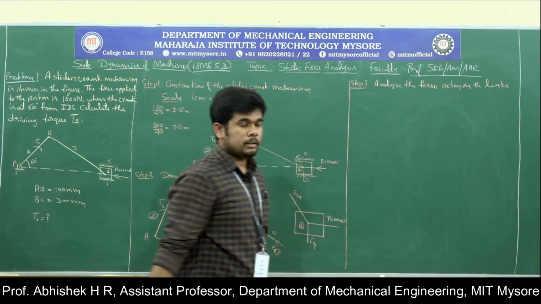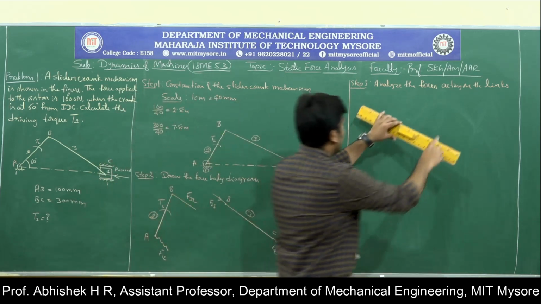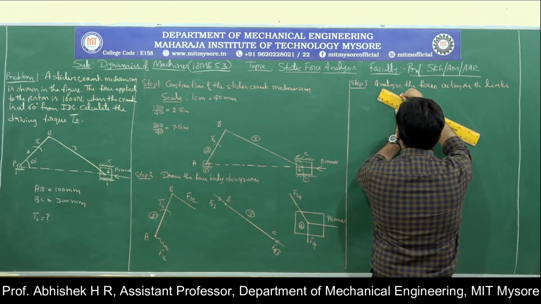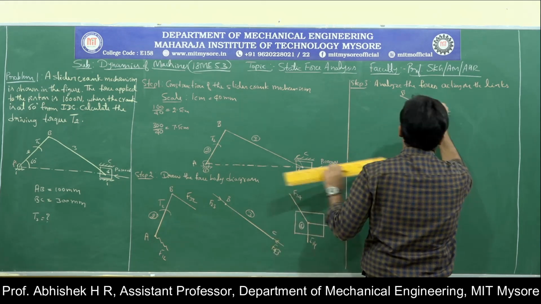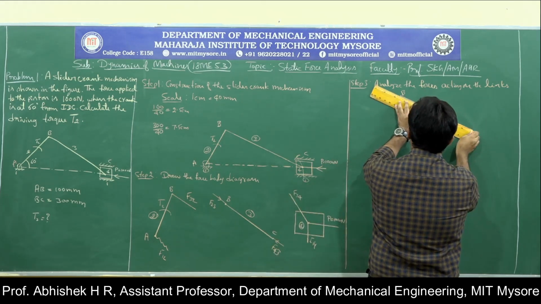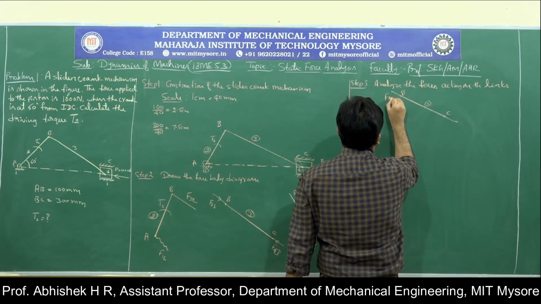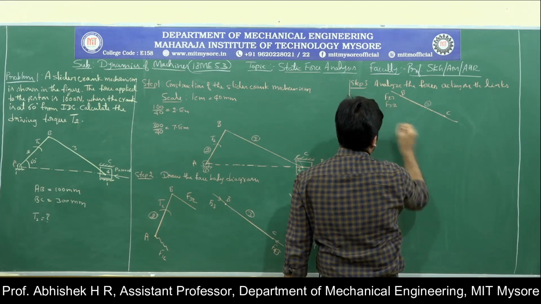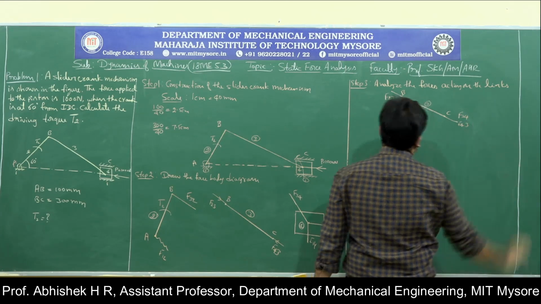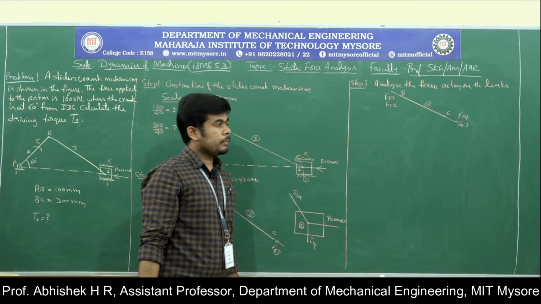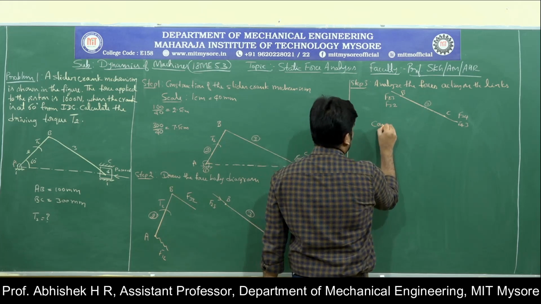Here the BC line, I will draw it once again, BC, link 3, and here we know the forces F23 as well as F32, and F34 as well as F43 also, isn't it? Now, to find the forces, we need to construct the polygon.